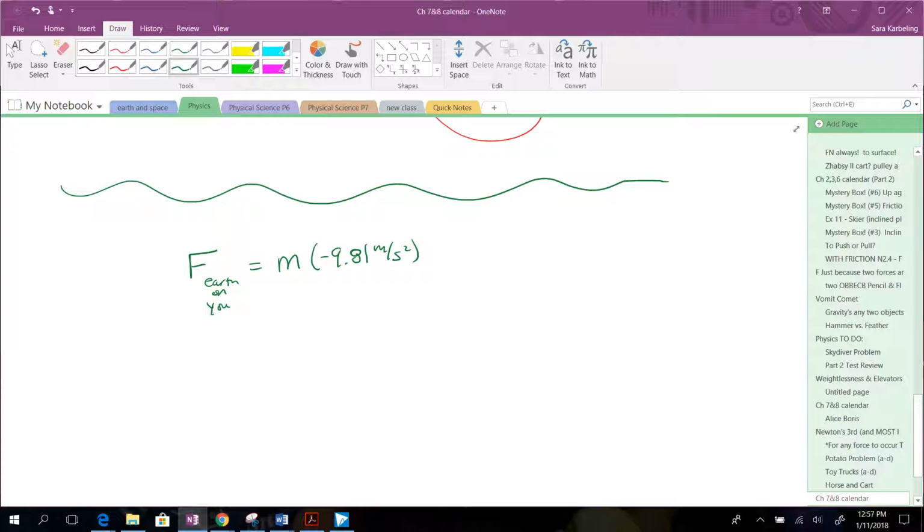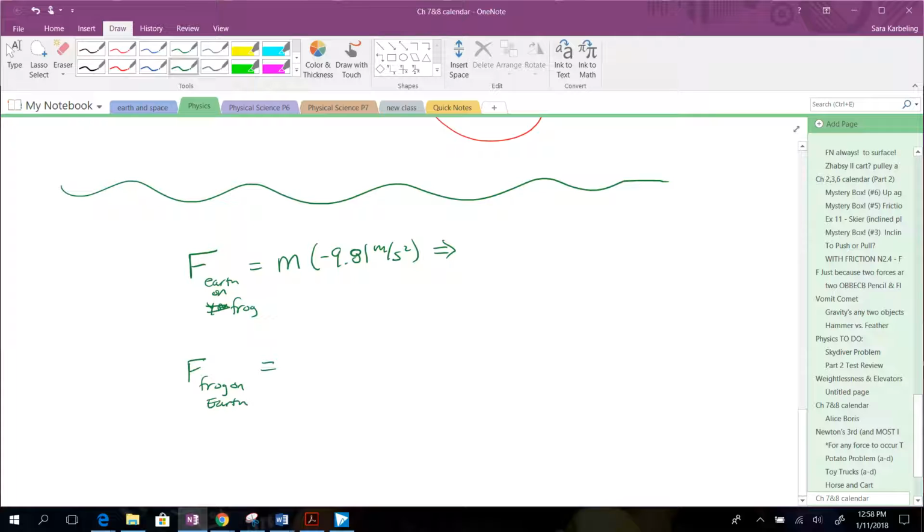So the force of the Earth on the frog, let's say he's a kilogram. He's not really, but that's going to make it easy. You can figure out then the force. I'm going to change this to frog, of the frog on the Earth.